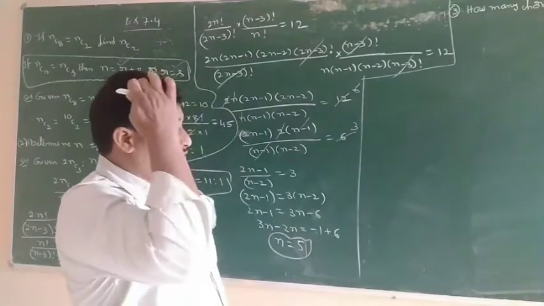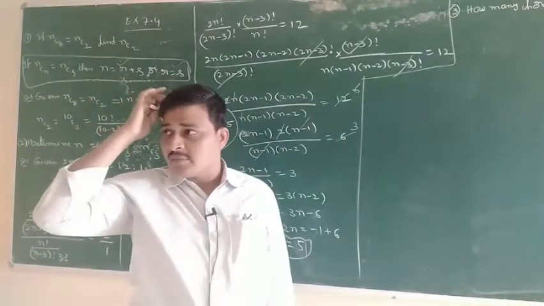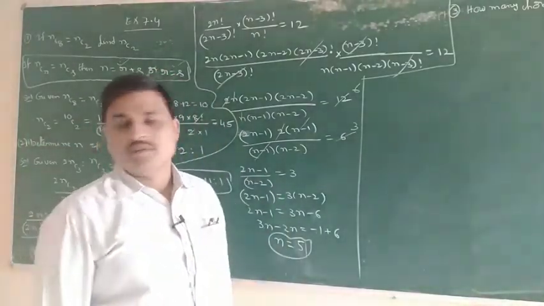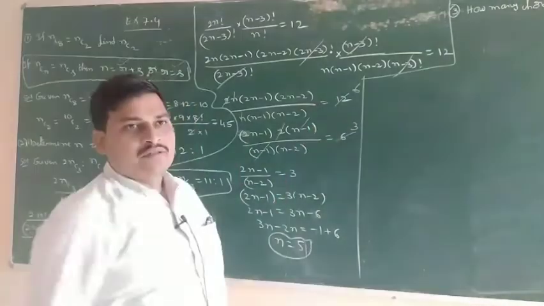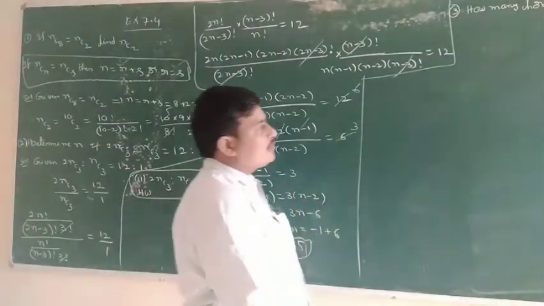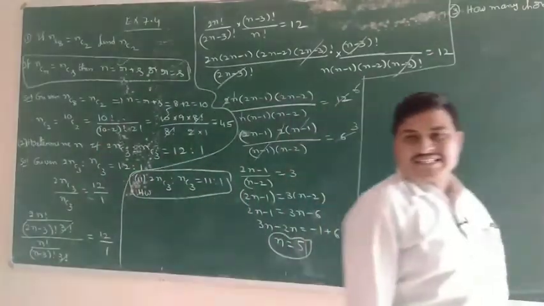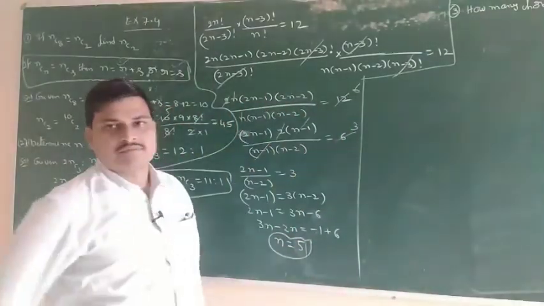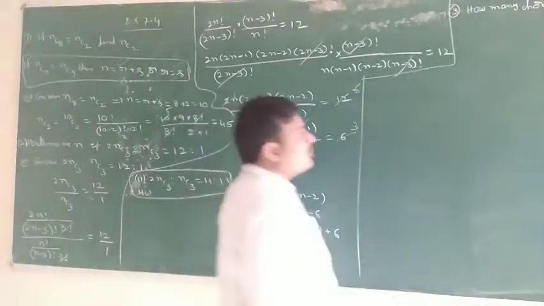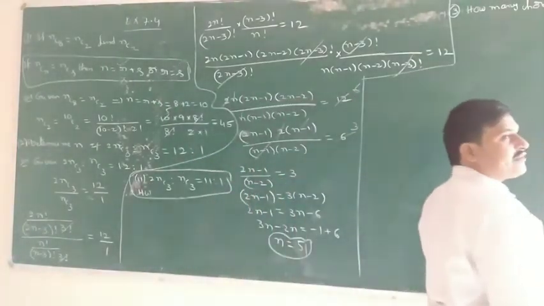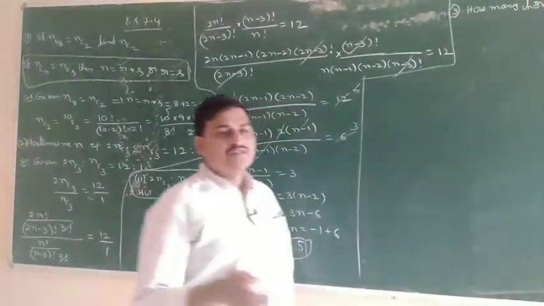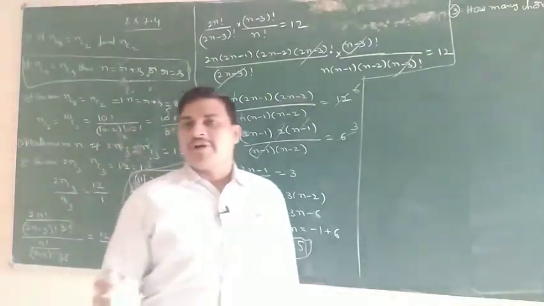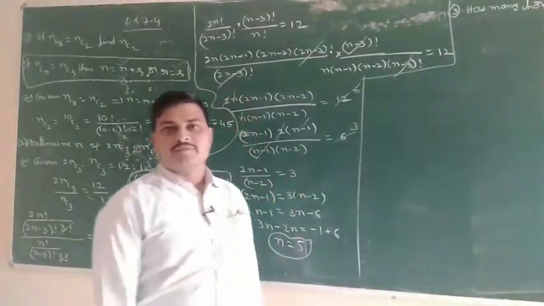First, one chord is nothing but 2 points. So first of all we have to select 2 points from 21 points. How many? 21C2. 21C2 means select 2 points from 21 points.